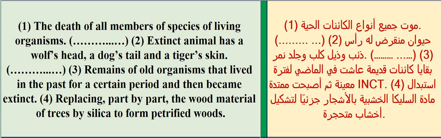Remains of old organisms that lived in the past for a certain period and then became extinct. 4. Replacing, part by part, the wood material of trees by silica to form petrified woods.